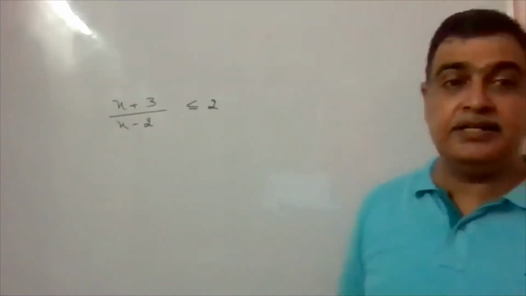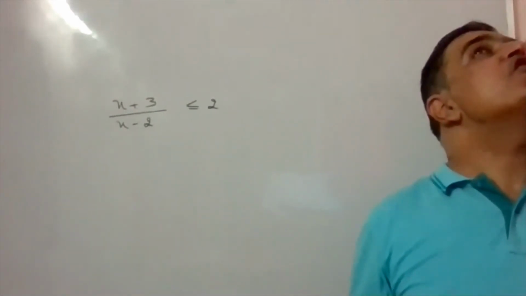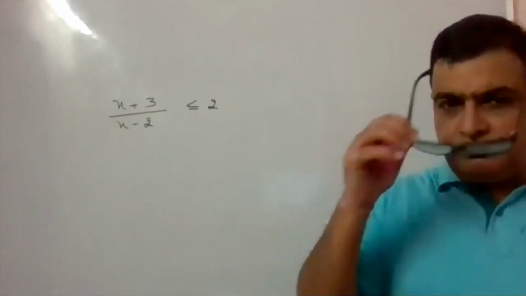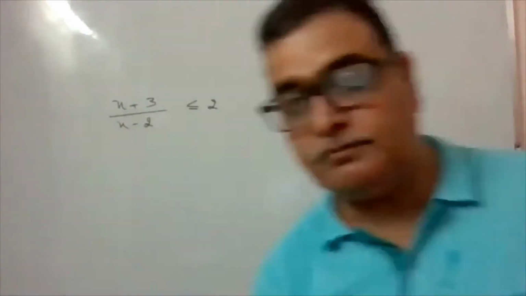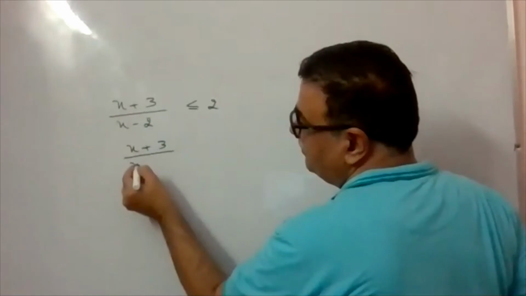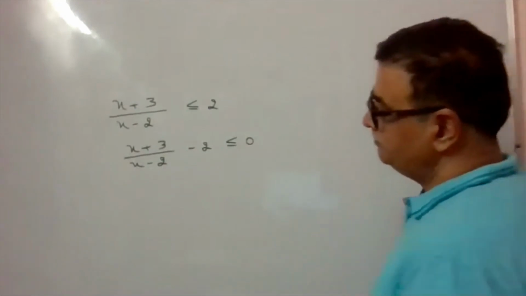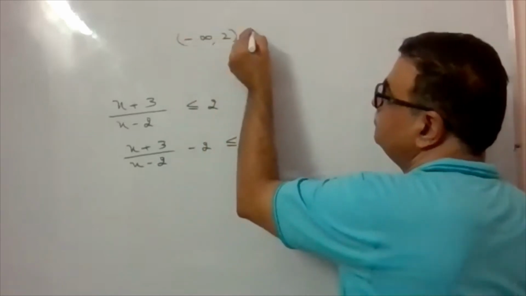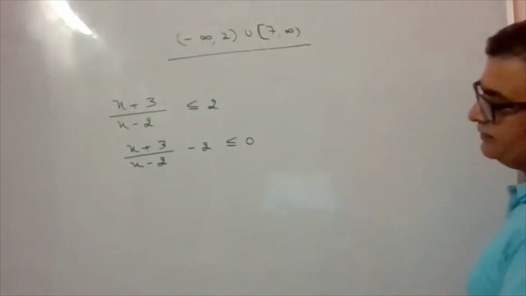First take 2 on the other side and solve it. (x plus 3) by (x minus 2) comes out to be less than or equal to 2. Sir, x belongs to minus infinity to 2, open interval from both sides, then 7 to infinity, and closed at 7. He's giving this answer. Let us check if it is right or not.